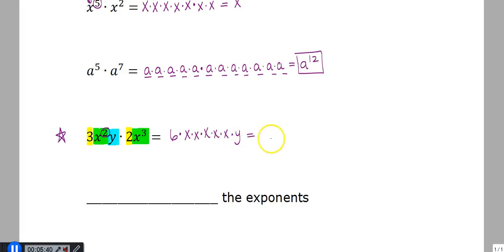Now simplify it. I have a 6. I have 1, 2, 3, 4, 5 x's, so I keep the x to the 5th power, and then y. This would be my final answer. So you expand it all out, and then you simplify it back down.